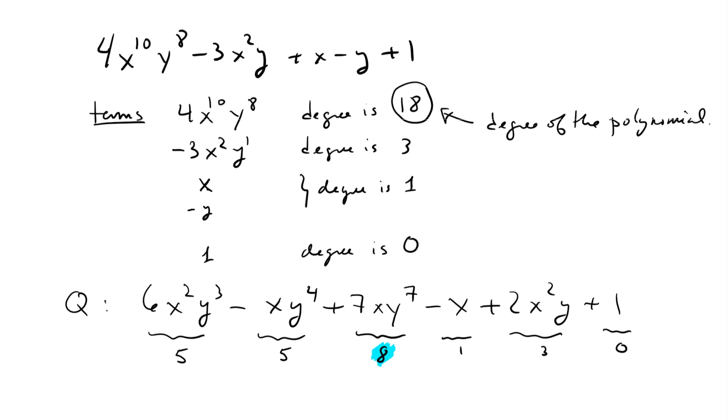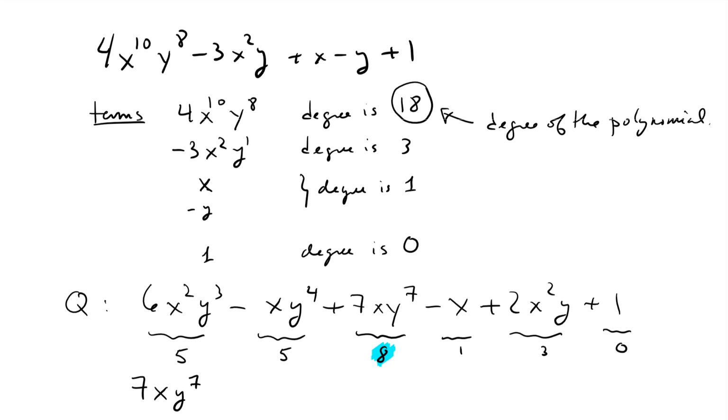So usually when we write a polynomial, we try to write it so that the degree of the term that's to the leftmost of the expression is the highest degree. So usually I would write my polynomial like this. I would start with the term with the highest degree. That's my leading term, in fact, and 7 would be my leading coefficient.